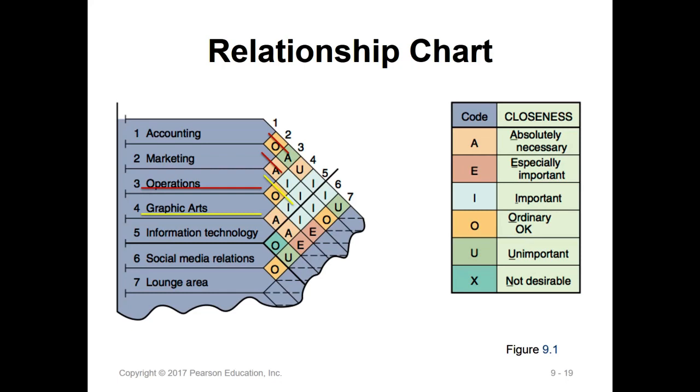This is office design. The departments include accounting, marketing, operations, graphic art design, information technology, IT people, social media relations, and even the lunch area. So they found the important thing is that operations should have a close relationship or working connection with marketing people.